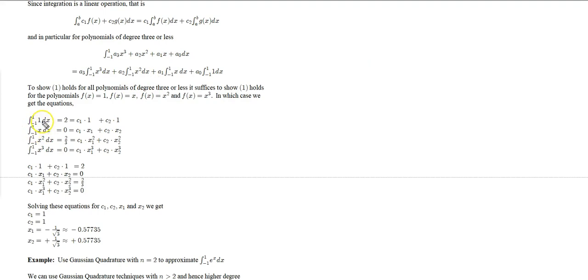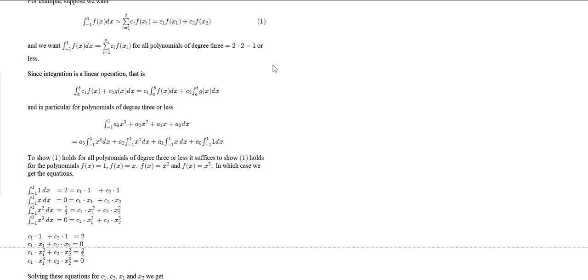So what we do then is plug the function 1 into our equation up here, into number 1. We'll put equality right here. If f is the constant function 1, what we get is the integral from -1 to 1 of 1 dx.